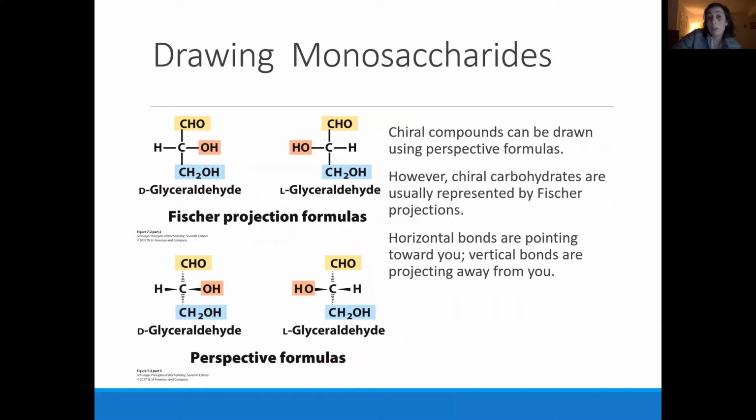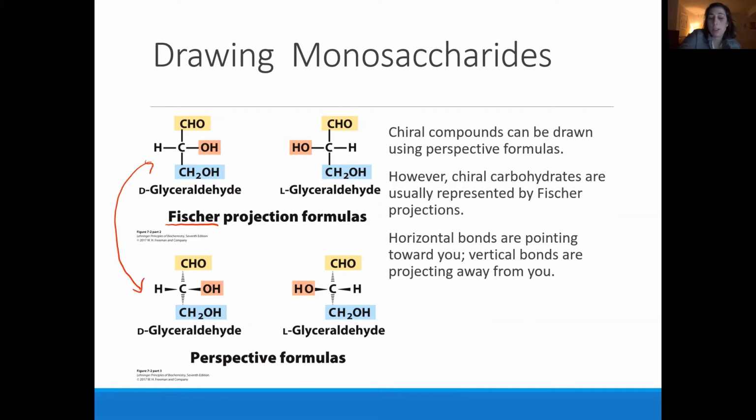Chiral compounds can be drawn using different types of perspective formulas. One that you will see for sugars, and again, you might have been introduced to in organic chemistry, is this Fischer projection formula. In this type of formula, we use straight lines instead of lines that represent wedges and dashes. And below in the perspective formula, you can see the 3-dimensionality of what these lines represent.